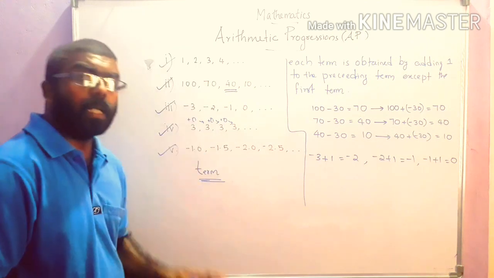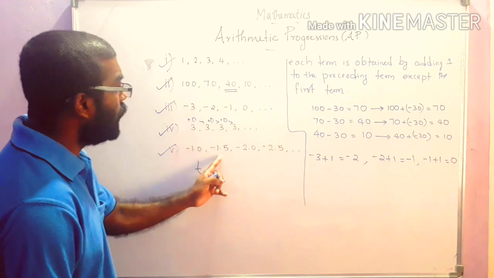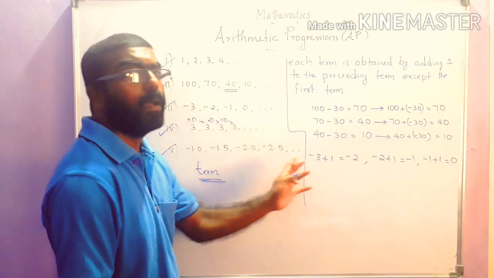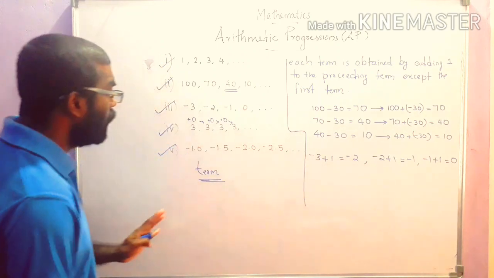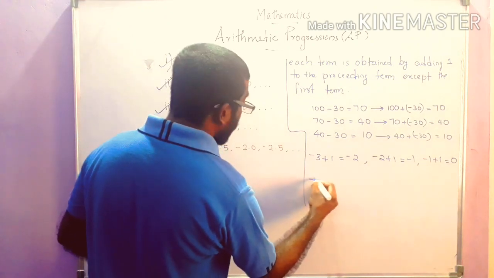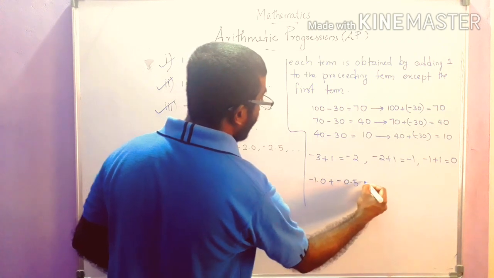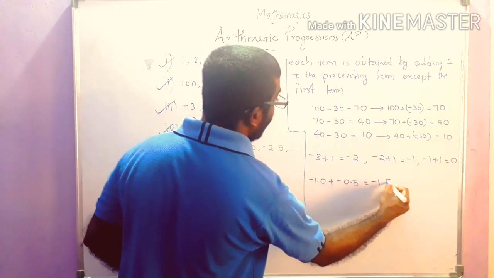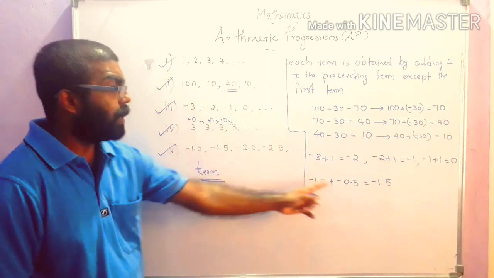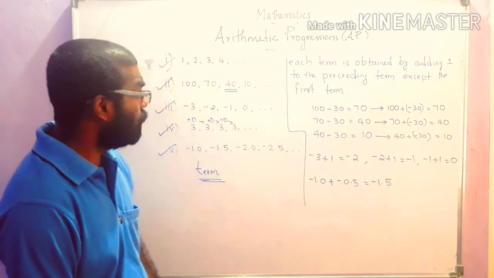Understood? Then the fifth one is minus 1.0, minus 1.5, minus 2.0, minus 2.5, and so on. Here we can observe that minus 1.0 plus minus 0.5 gives minus 1.5. The first term, minus 1.0, plus minus 0.5, we will get what? Minus 1.5.